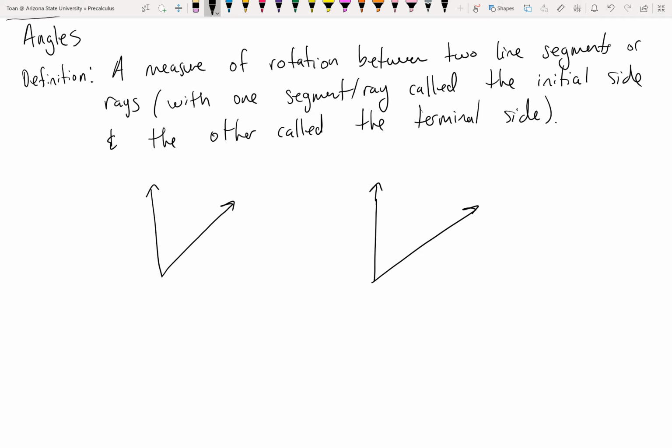Now, in the left picture, if I call this the initial side, and then this the terminal side, then the angle in question measures that amount of rotation. But if I call this the initial side, and this the terminal side, this is the angle in question. So the angle measurement always starts from the initial and ends at the terminal.